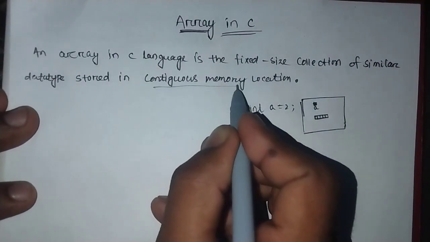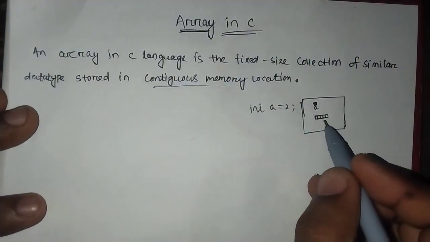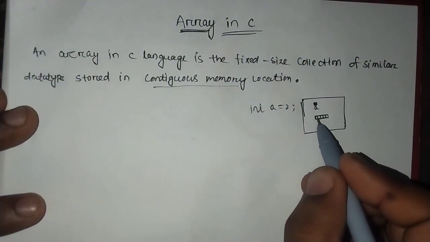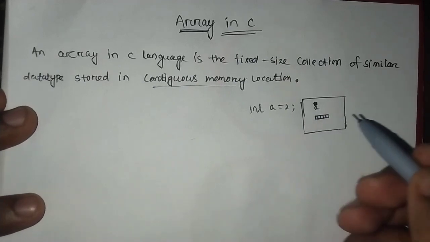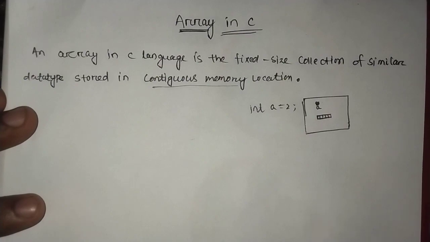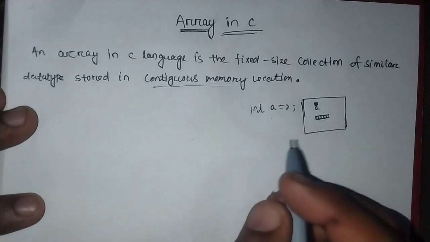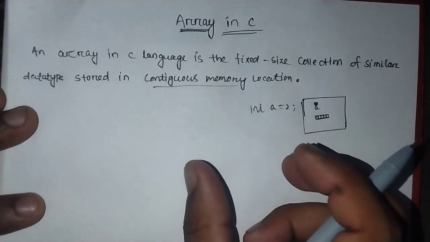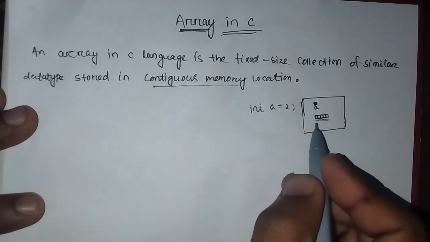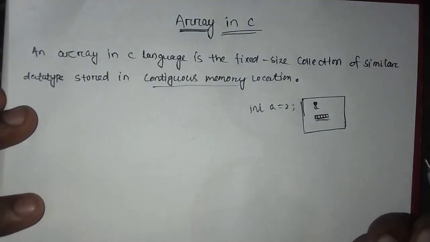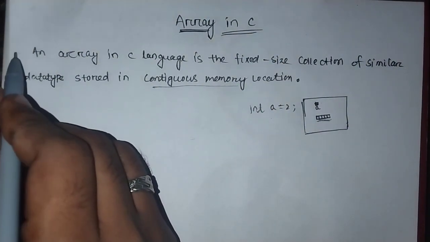Contiguous memory means the neighboring memory location will be reserved by the next element of the array. So when we declare an array and give some values to the array, they are stored in continuous memory location in the memory chip. That is all about the definition of array.